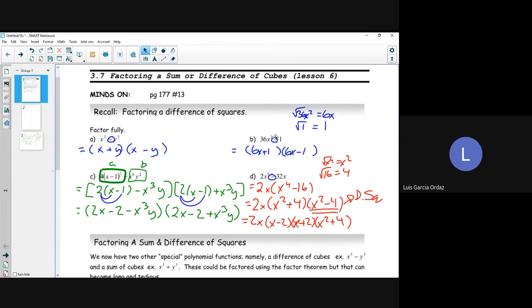So remember, with the difference of squares, you are not done until you have no more differences of squares in your factored form.